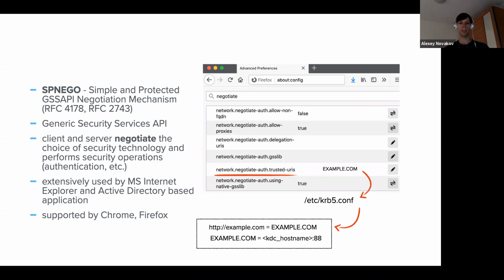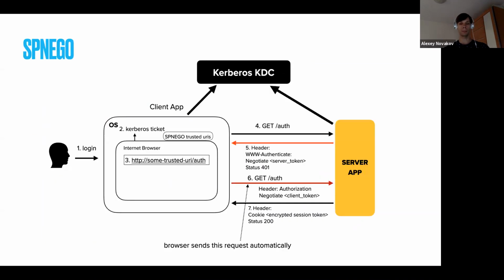So, a bit of a visual diagram of the idea of this SPNEGO authentication. It consists of three parties at minimum: the client application, the server application, and the Kerberos KDC.